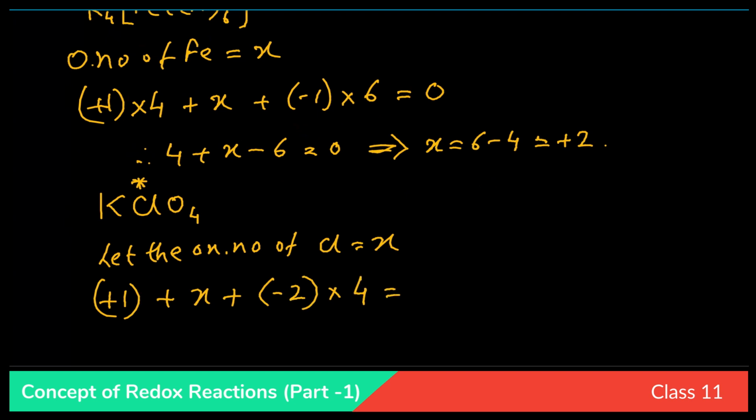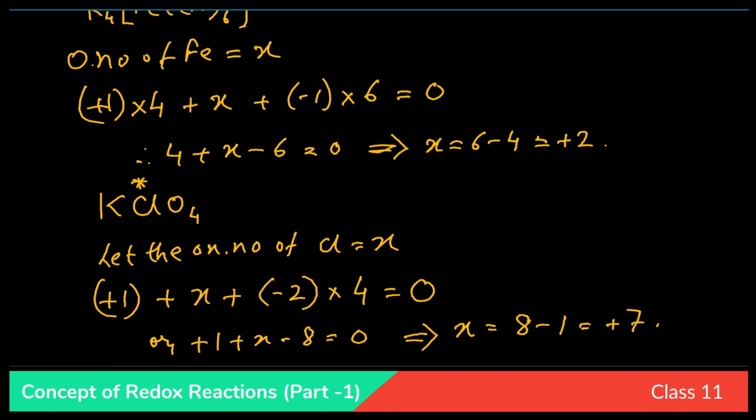And as it is a neutral molecule, we will have 0 as their algebraic sum, or plus 1 plus x minus 8 equal to 0. Hence by solving we will get x equal to 8 minus 1, that is equal to plus 7. So the oxidation state of chlorine in KClO4 will be plus 7.